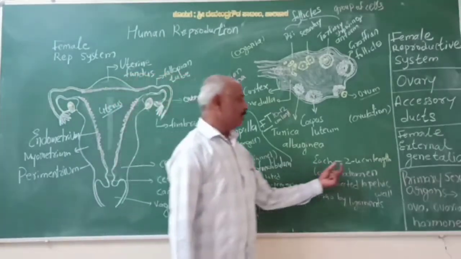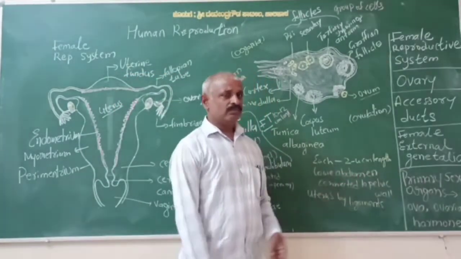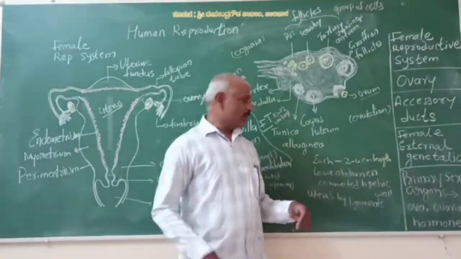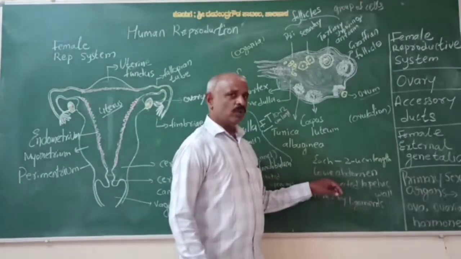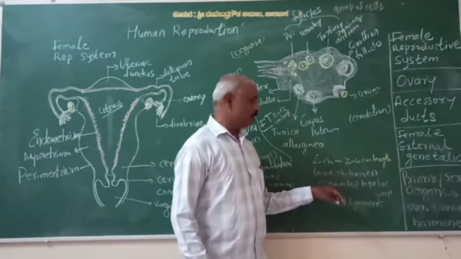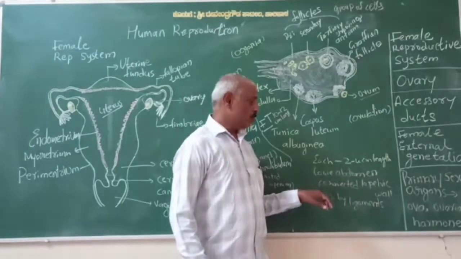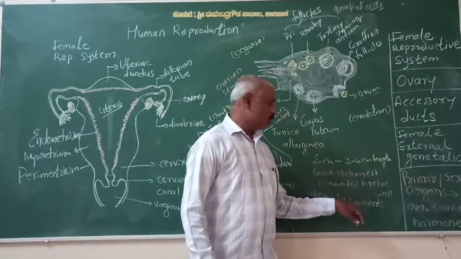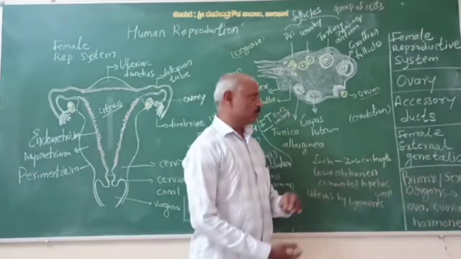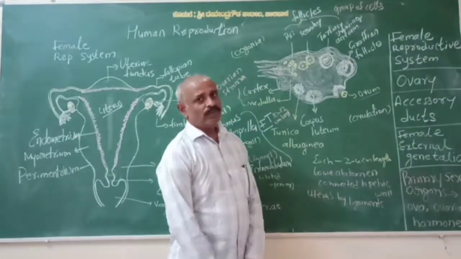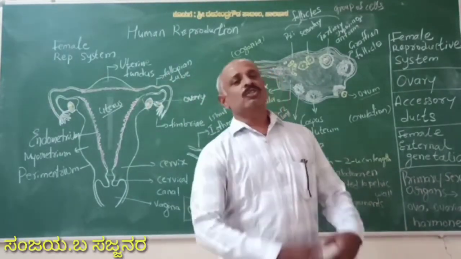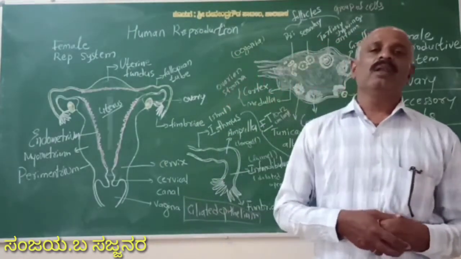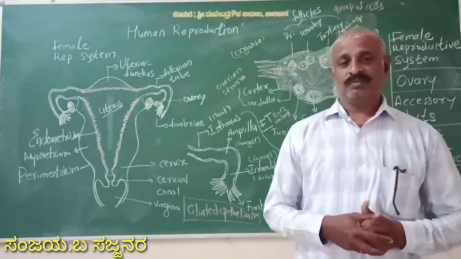The ovaries are paired on either side of the lower abdomen, connected to the pelvic walls, and even the uterus is held with the help of ligaments. Okay, this is about the structure of the female reproductive system.